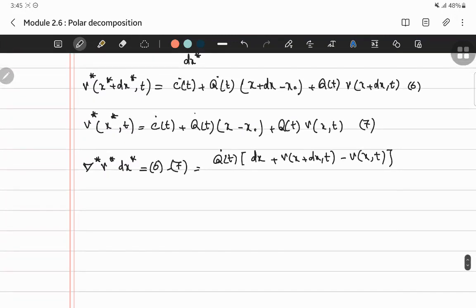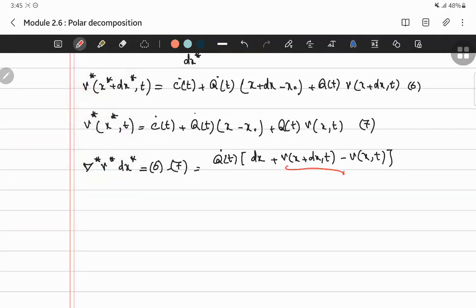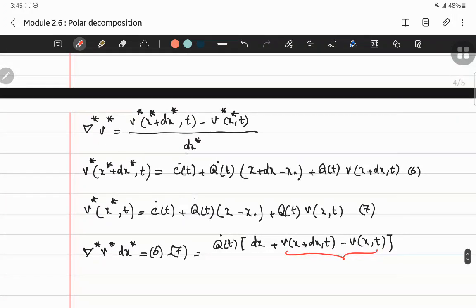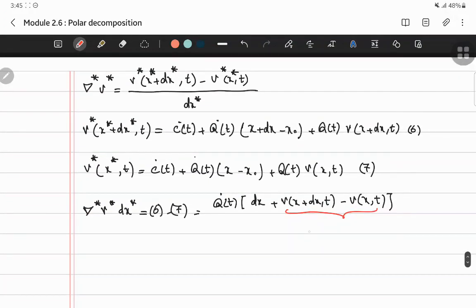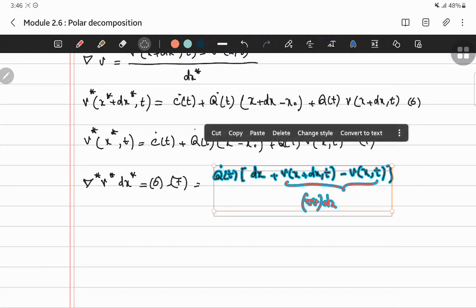All right. And if we apply the same definition here, this is del v dx. So I may shift this a bit down.